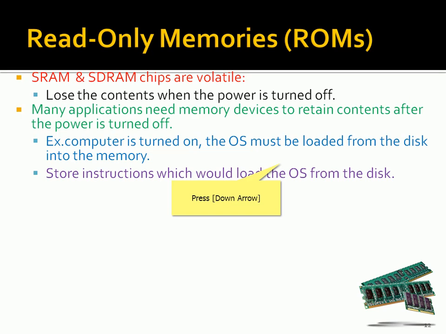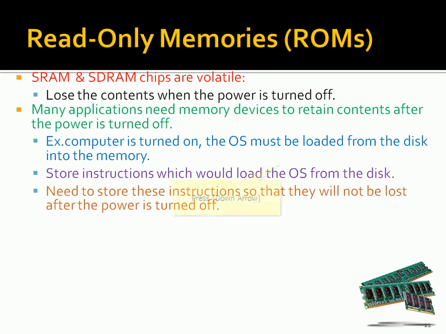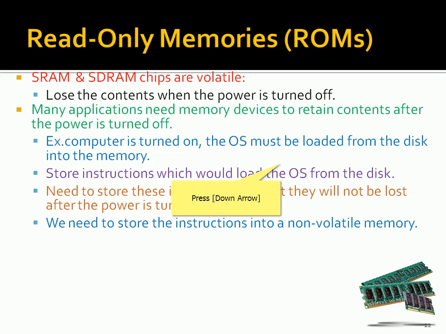When you switch it on, a copy of that OS plays a role in installing the OS and bringing it up. We need to store these instructions so that they are not lost after the power is off. Even with no power, they will be there, so we store instructions in non-volatile memory.